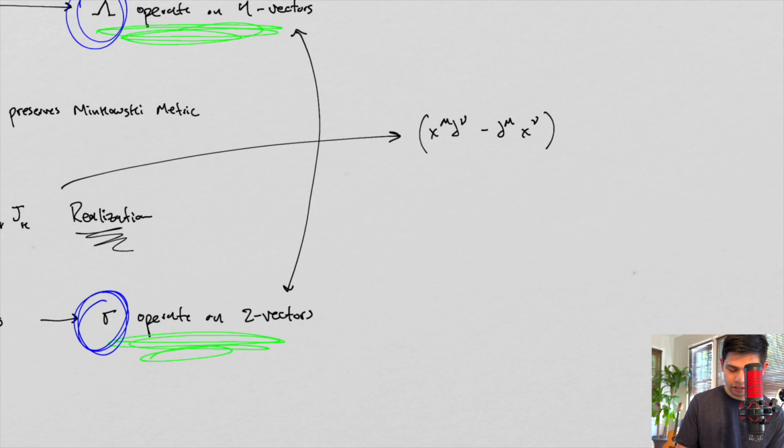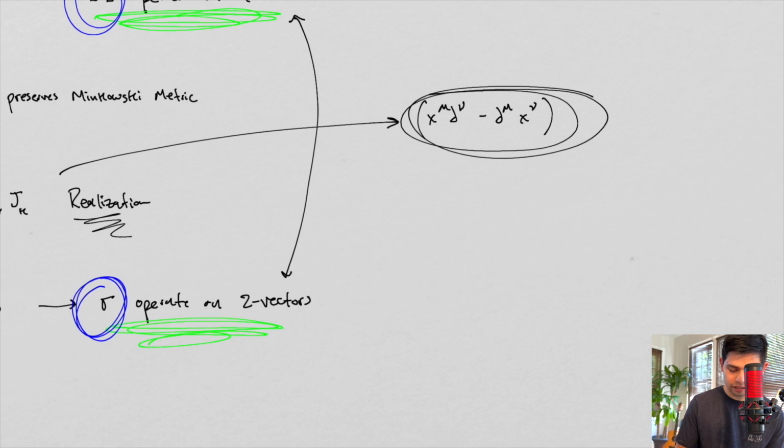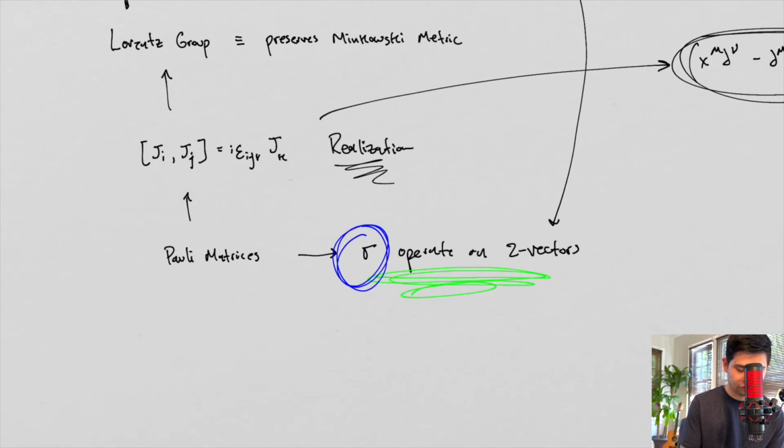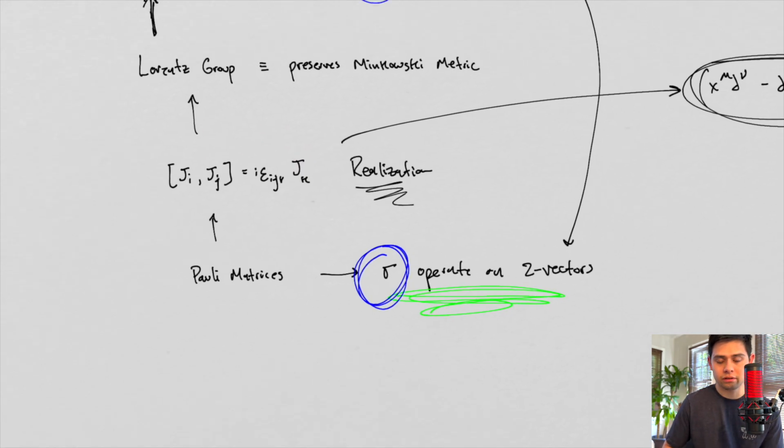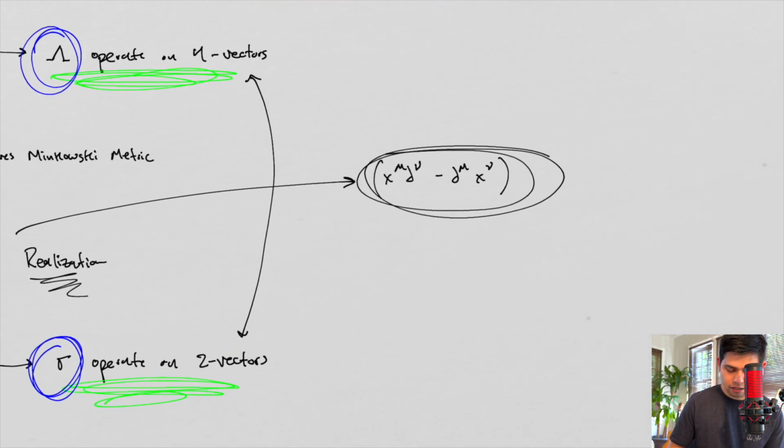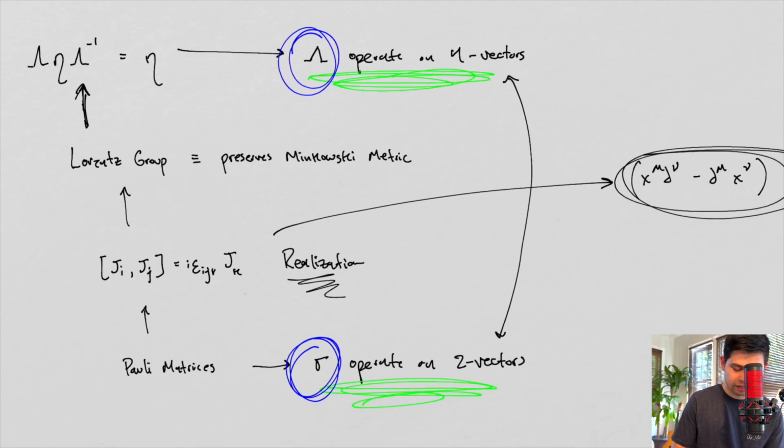This is our continuous thing. An object that looks like this will also obey this relationship, and we'll see why, but that's going to be a later video.